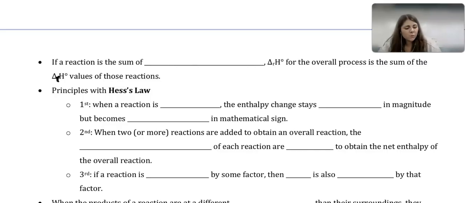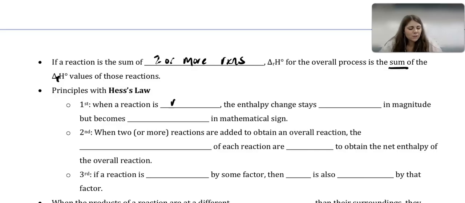So if a reaction will be the sum of 2 or more reactions, the delta H reaction for the overall process will be the sum of all the other delta H reaction values of those reactions. So the principles of Hess's law, we have 3 of them. It's very important.